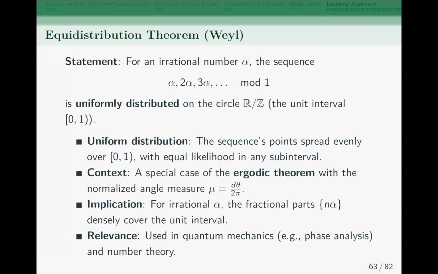Why is this important? Because if I have this theorem, then I don't need to have continuous angles. Because you give me any continuous angle, as long as I can pick an irrational angle, then I can use some multiple of this irrational angle to approximate the arbitrary angle you give me.